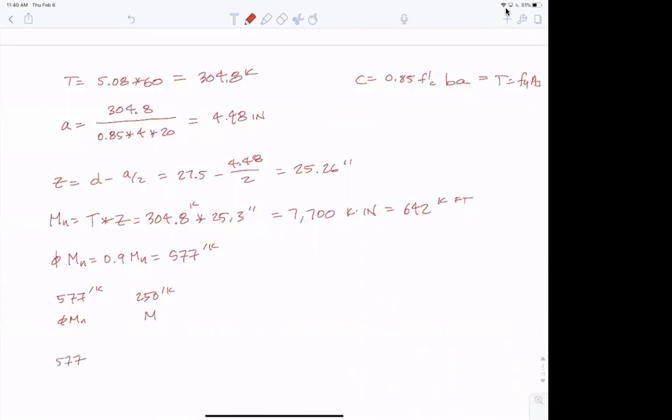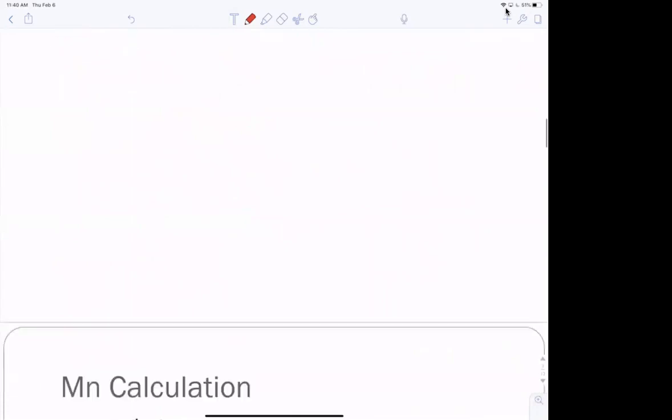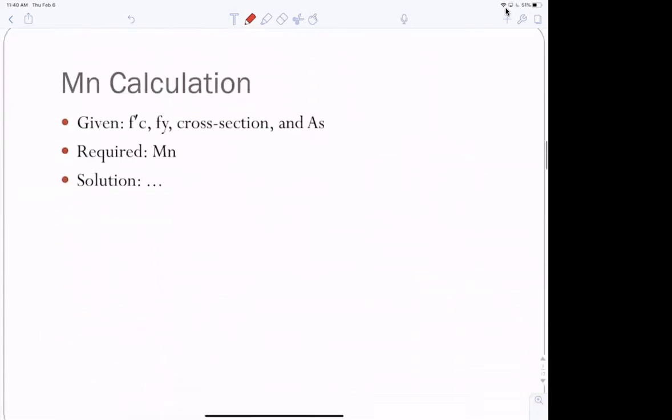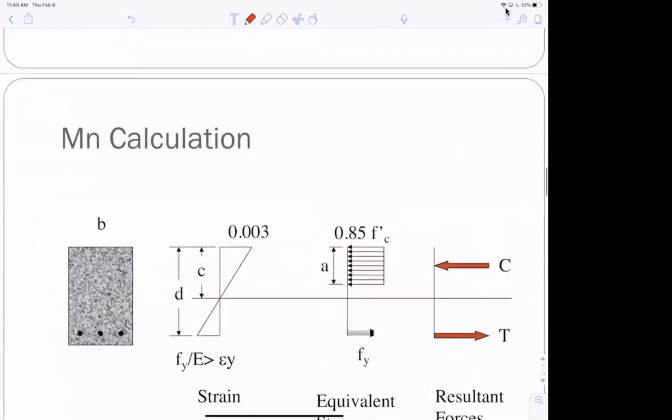Strength-wise, your safety factor is 2.3. So your beam is 2.3 times as strong as the maximum moment you would ever have on it. Okay, so that's a quick review. And what we just did was you're given f'c, Fy, the cross section, and As. You need to find Mn.